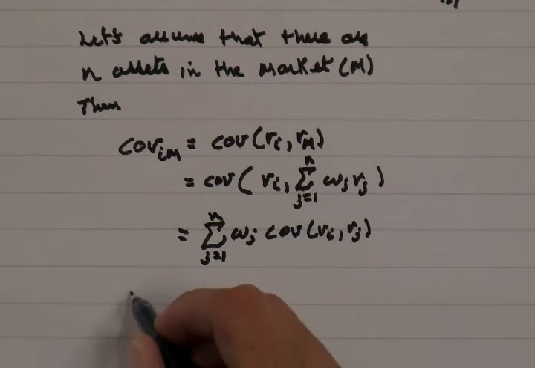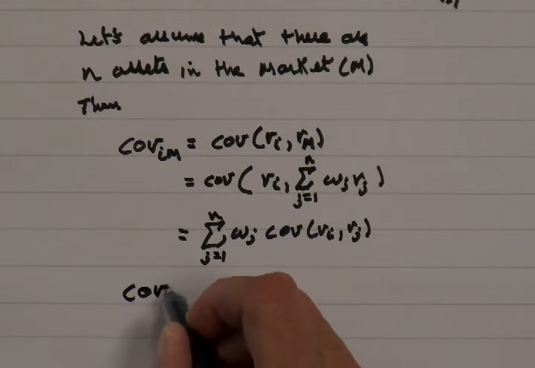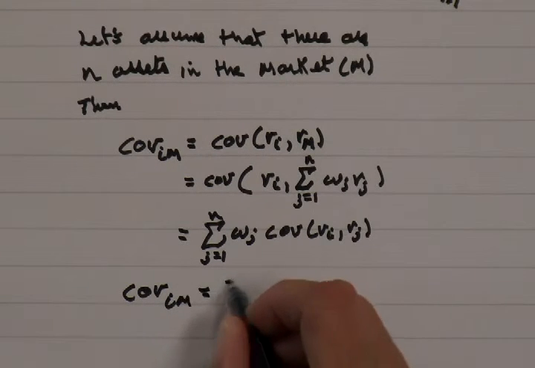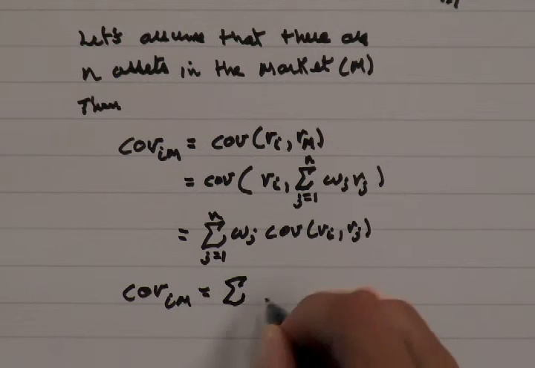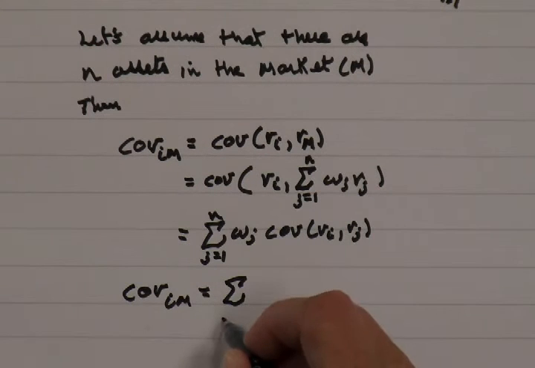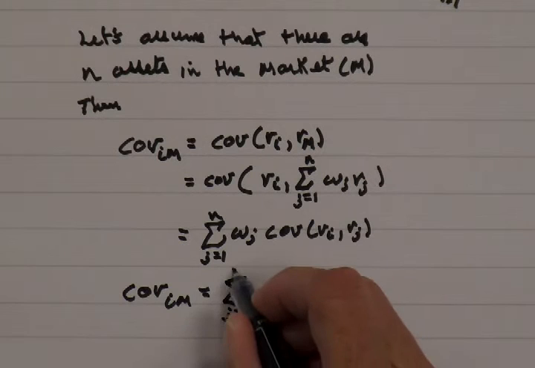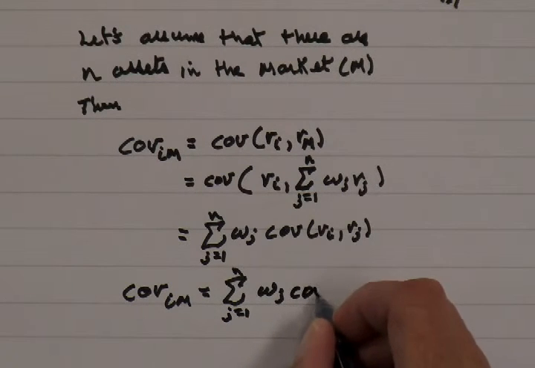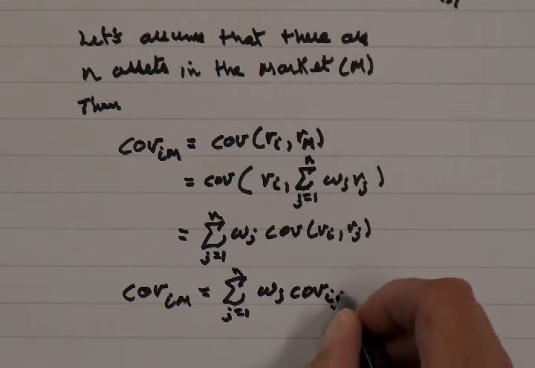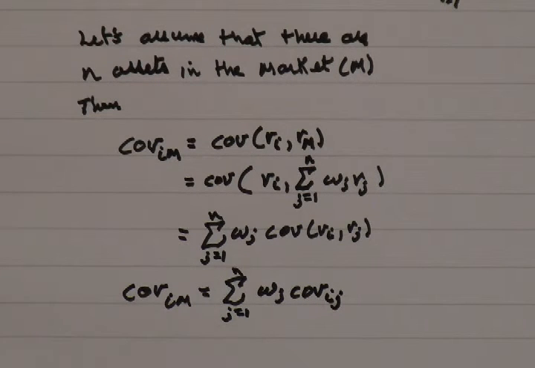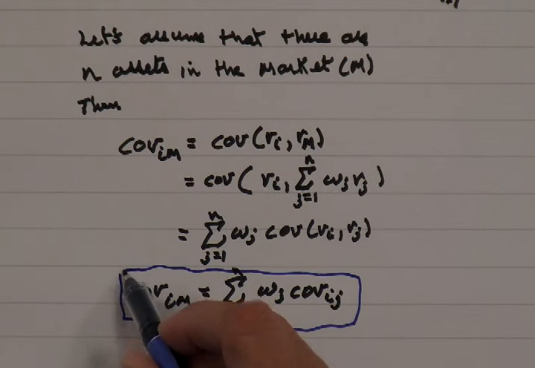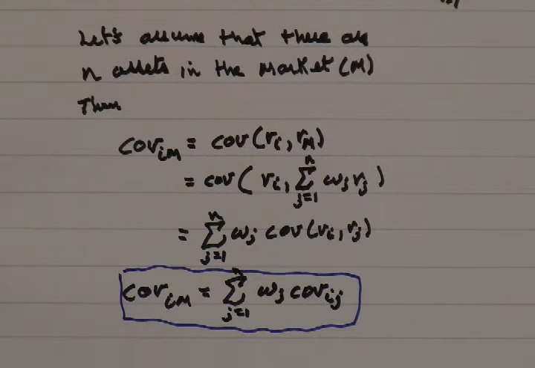So the covariance of I with M is simply the sum, j equals 1 to n, of Wj, the covariance of I and j. Well, this is where we wanted to get to. Okay.